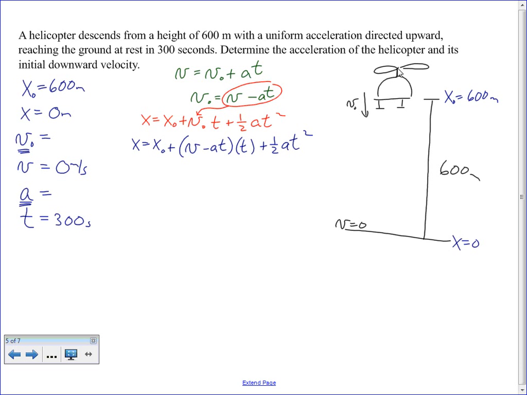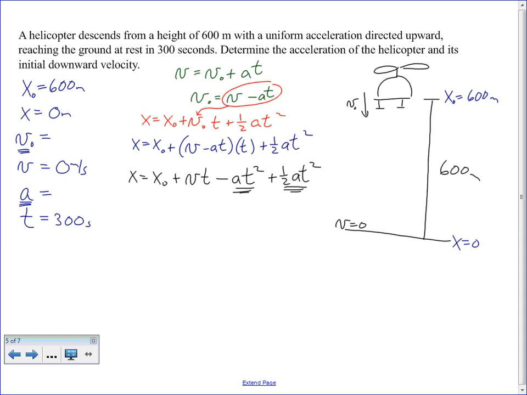Or simplifying that a little bit, multiplying that middle term by t, I have x equals x0 plus vt minus a t squared, so I distributed the t to both of those terms, plus 1/2 a t squared. And so I can combine the negative at squared plus 1/2 at squared.